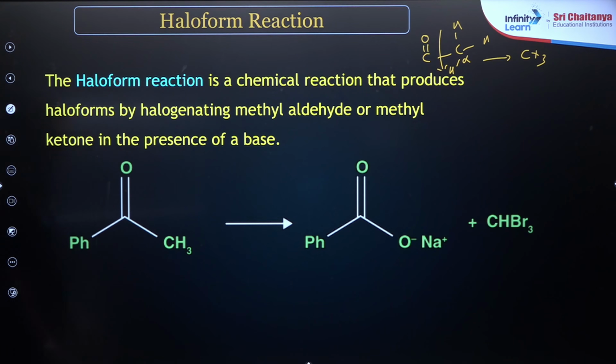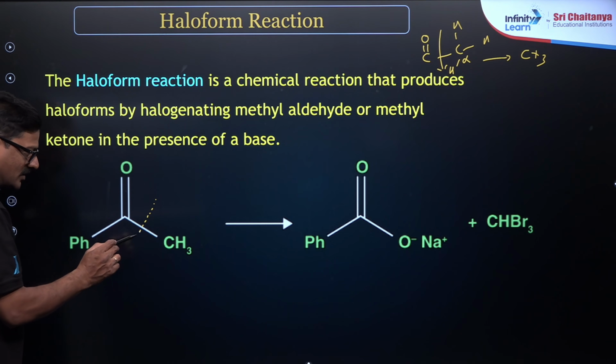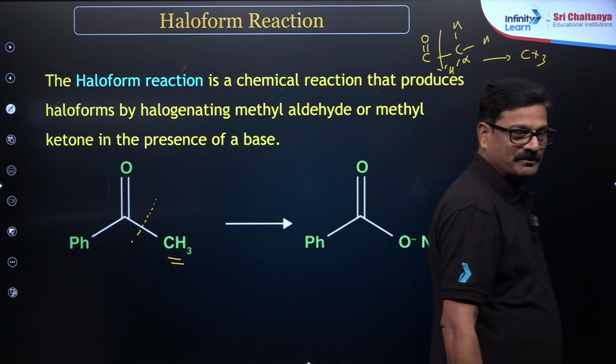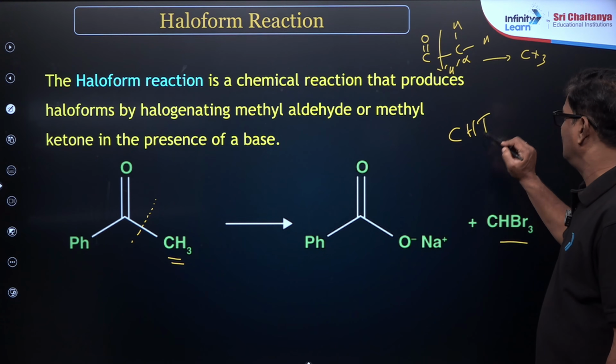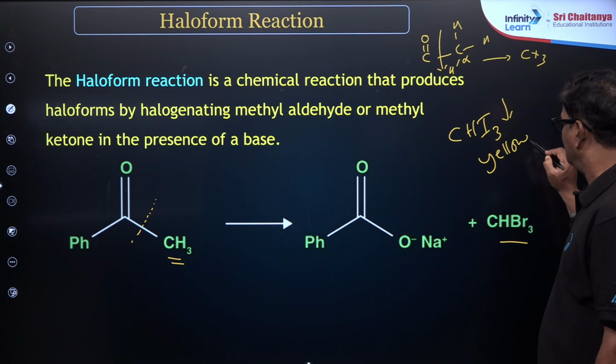Okay, bachcho, you can say this is a methyl ketone, this bond is broken here and this is going to be bromoform. It could be iodoform. If it is CHI3, it is going to be a yellow precipitate, good for demonstration. It also has medicinal properties.